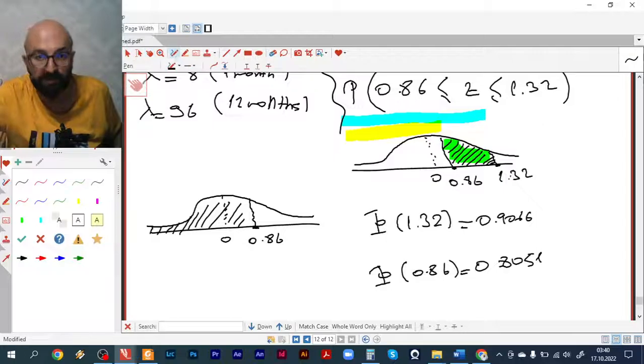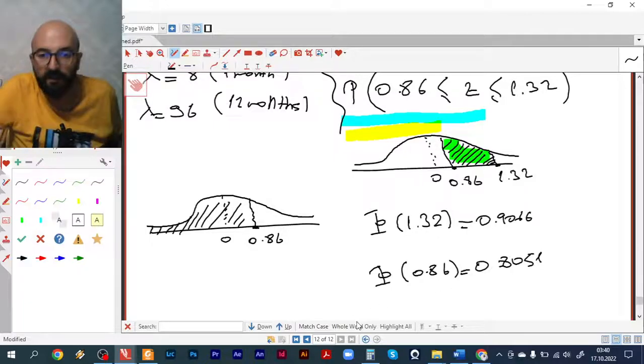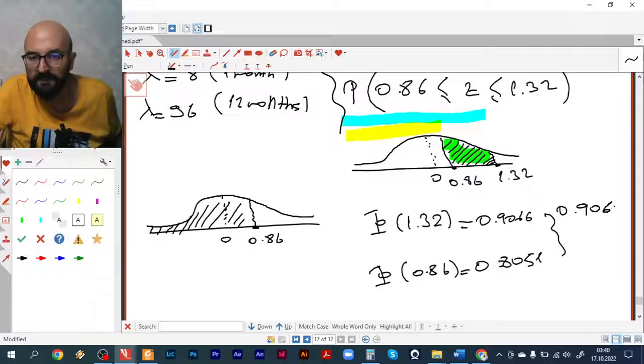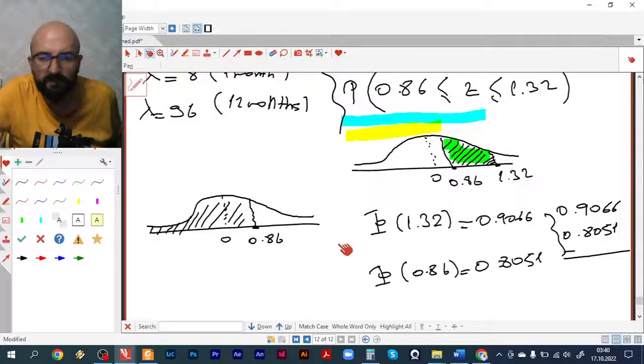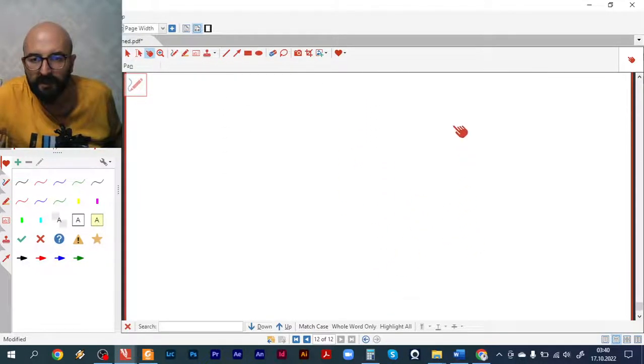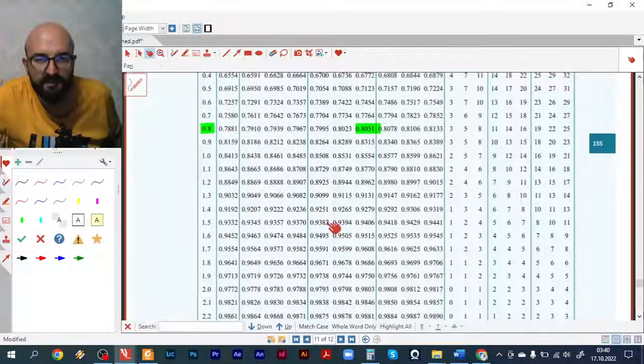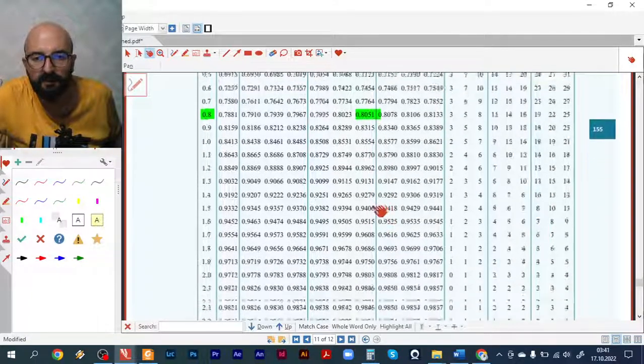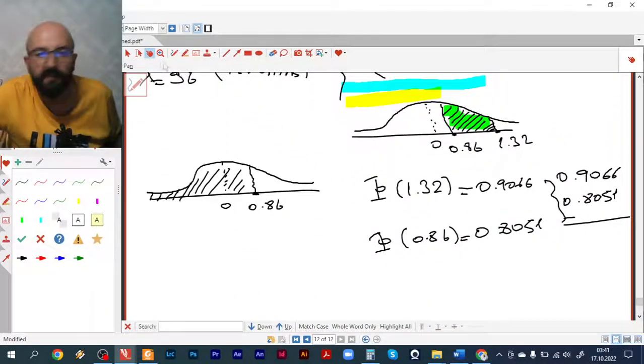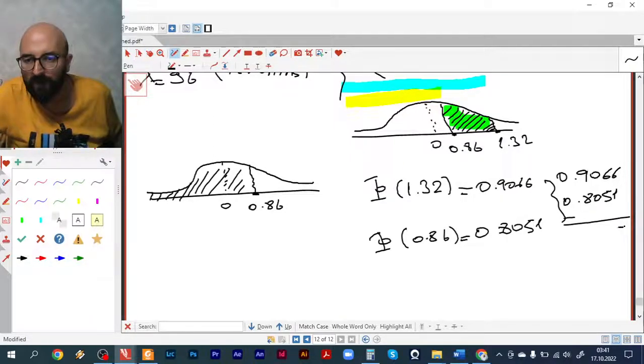So we compute 0.9066 minus 0.8051. Let me look at 0.86 again. Yes, 0.8051.